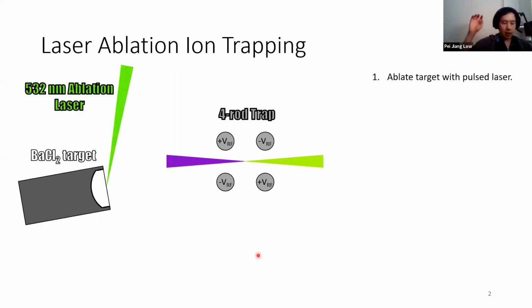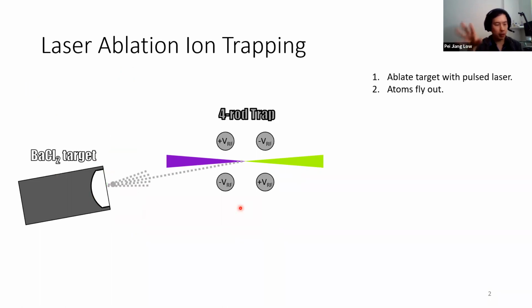What we do is send a high energy pulse laser onto the target. With high enough pulse energy, it will ablate and sublimate the material on the target, and barium atoms will come flying out. As they reach the center of our trap, they see these two lasers.